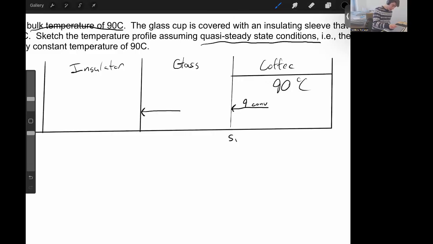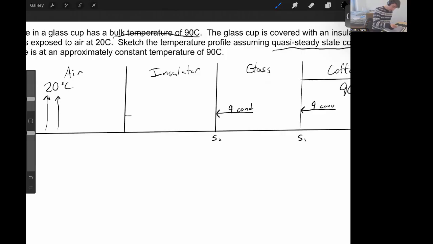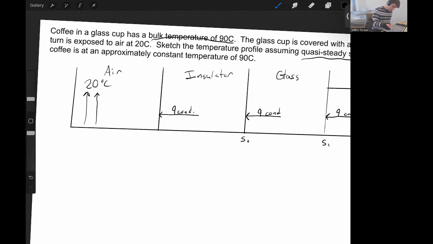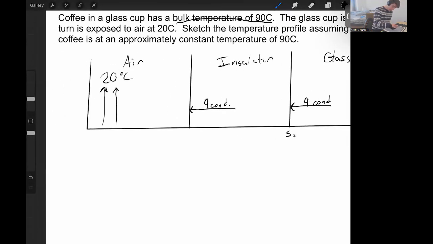This is a solid and it will transfer its heat via conduction instead. Call this surface 2. Now we have the insulator. Again, this is a solid, so we're just going to say that this is conduction. And for the air, just leaving, we're going to say that this is convection again.